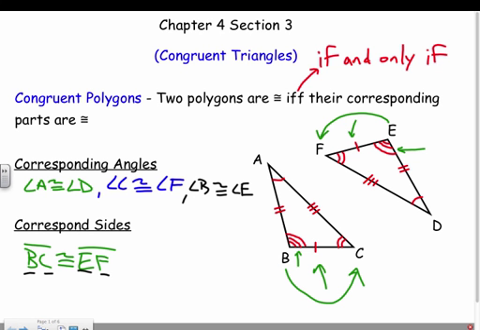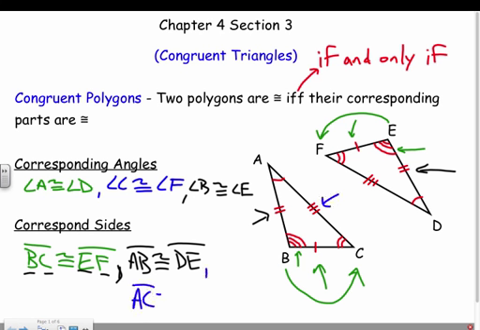Then I'm looking at my other side, the two dashes. So if I say AB, that's congruent to, well, A corresponds to D, and here's my two dashes, so DE. And lastly, I said AC here, that is congruent to, or corresponds with this guy.